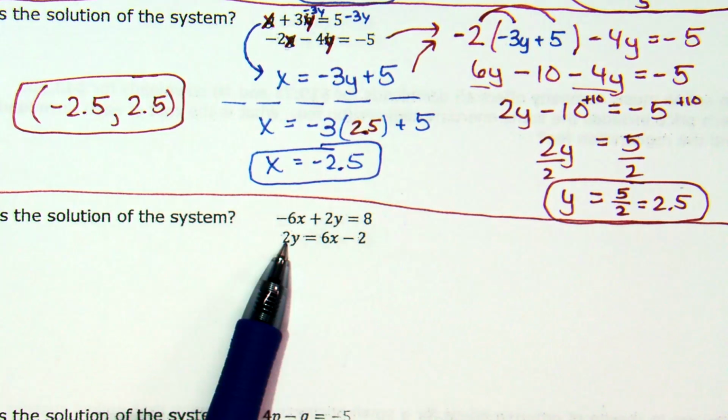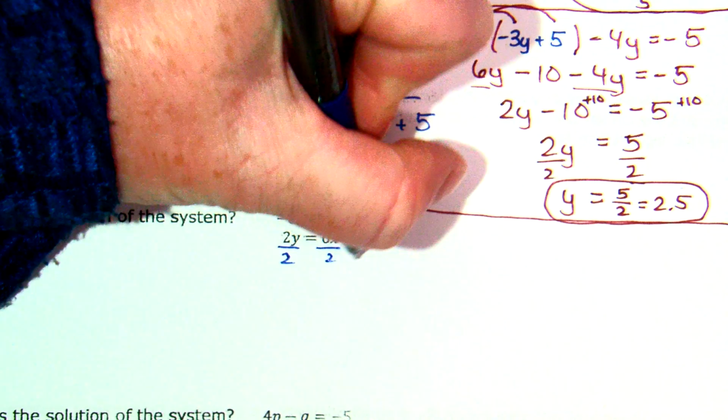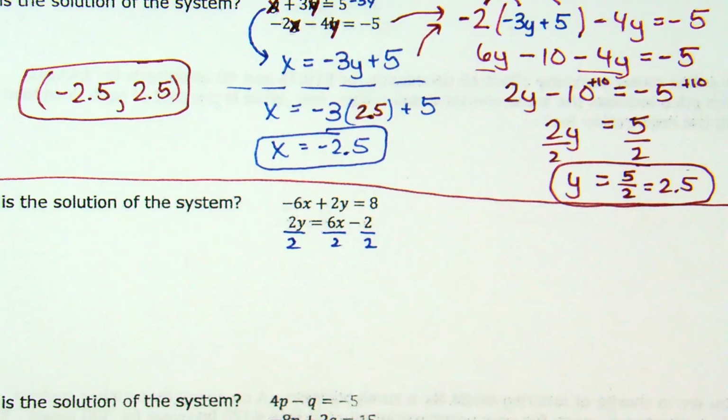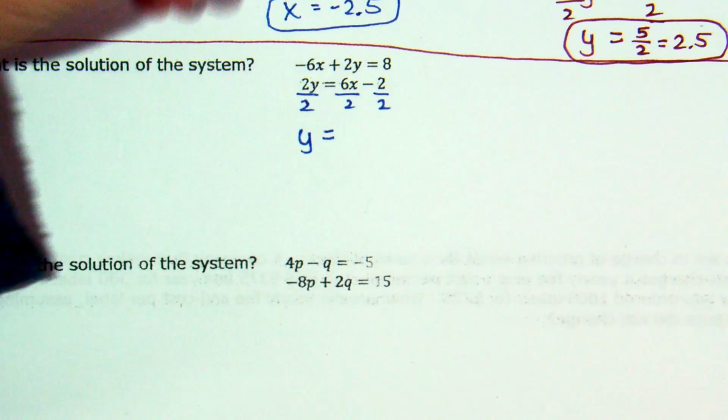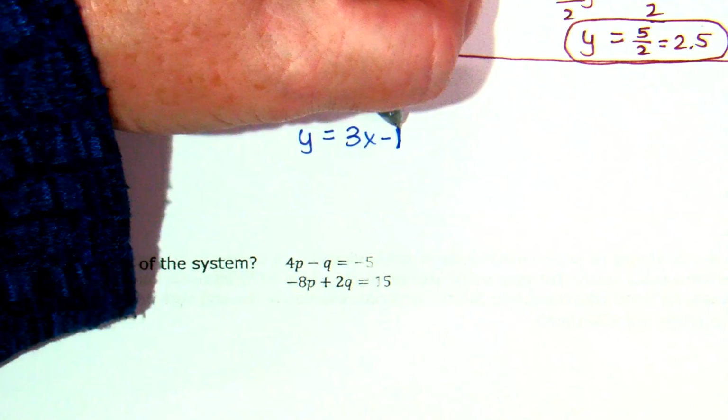So, exactly. That one last step really counts. Okay, so if we solve the bottom one for y, it's already at 2y equals, so divide by 2. And what is y equal to? 3x minus 1. That's not horrible, right?